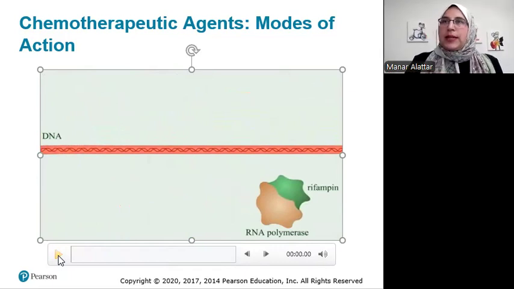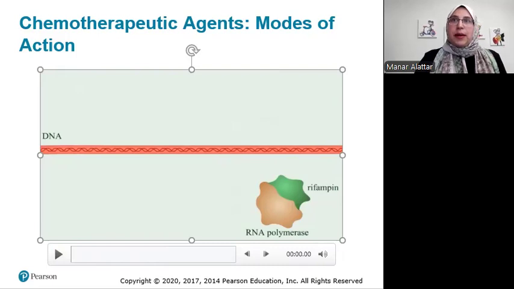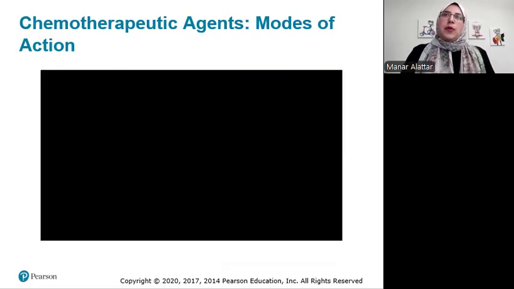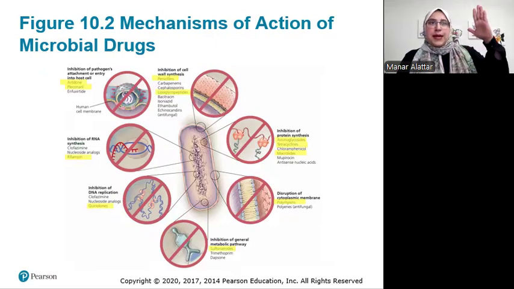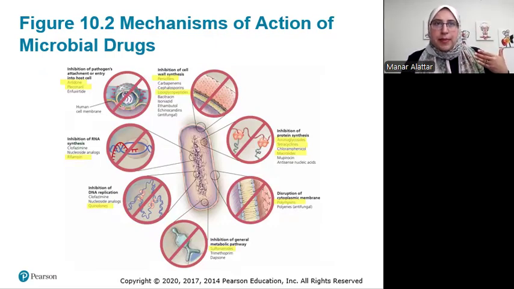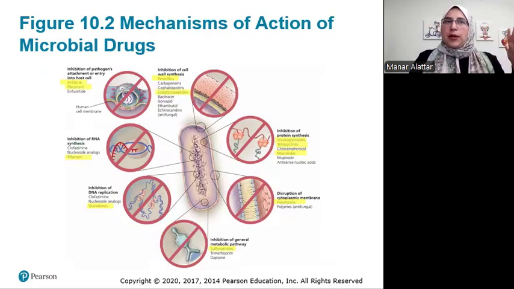Okay, so let's just go through these mechanisms of action one by one and learn a little bit more about some of the representative antibiotics within each group. I will note that I've reorganized the series in which we're introduced to antibiotics to match more logically how you would envision a cell.